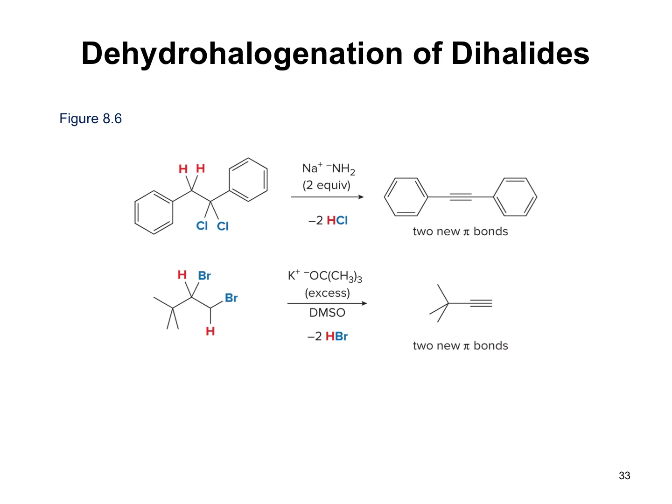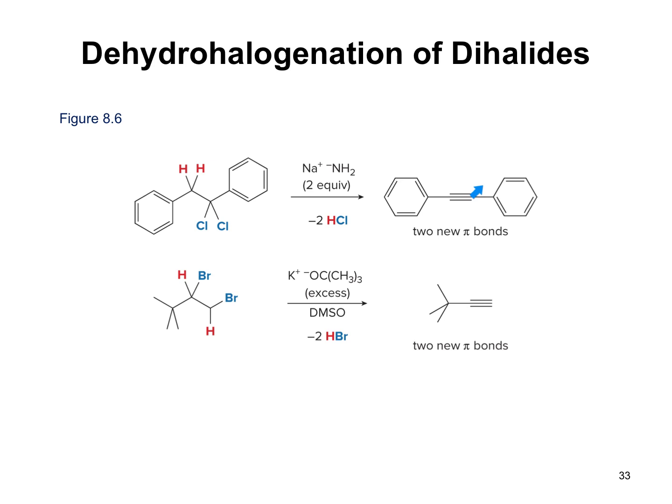Now, I want us to look at a specific example. So, for example, if we look at this particular molecule where we have the two chlorines on the same carbon, this would be an example of a geminal dihalide. And what we see is when you're using that sodium amide, a lot of times it's shown as 2 equivalents, or it's shown as excess, okay?